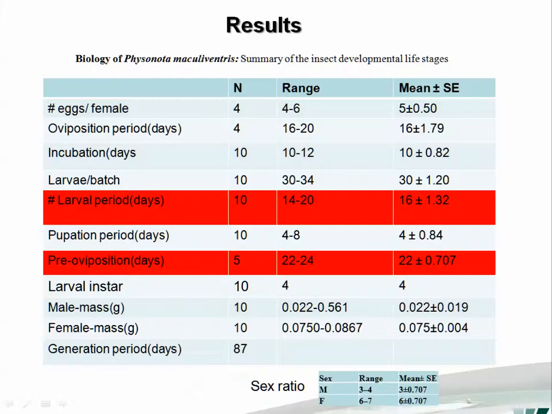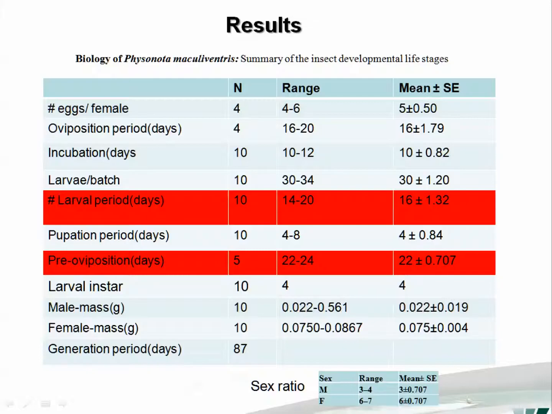The parts highlighted in red are the most highly damaging stages. The larvae can spend 14 to 20 days damaging the plant, whereas the adults can take 22 to 24 days.